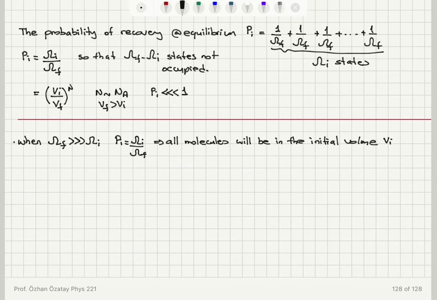After obtaining the final equilibrium situation, I'm asking what is the probability that all the molecules will end up in the initial volume. This is going to be very small.